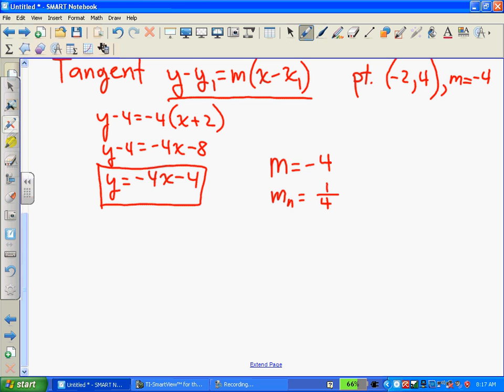Now we're at the same point, we plug those values back into this equation, and we get y minus 4 equals 1/4 times (x plus 2).